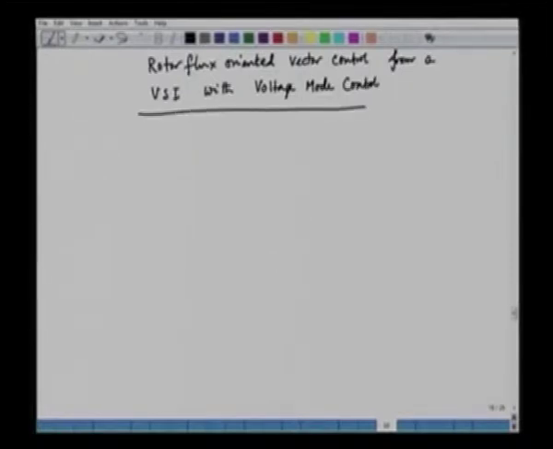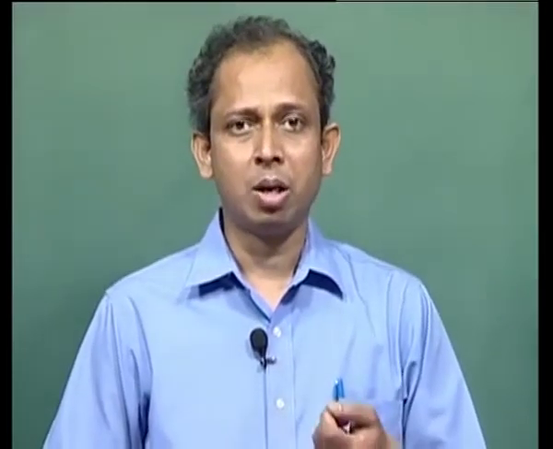So, we are operating this with voltage mode control. Please remember that it is not only true for VSI, it can also be for a cycloconverter. Say for example, if we want to feed an induction motor from a cycloconverter, and the cycloconverter is essentially a voltage fed system. So, we can operate the cycloconverter in voltage control mode and use this technique to have vector control. So, let us see how this is implemented.